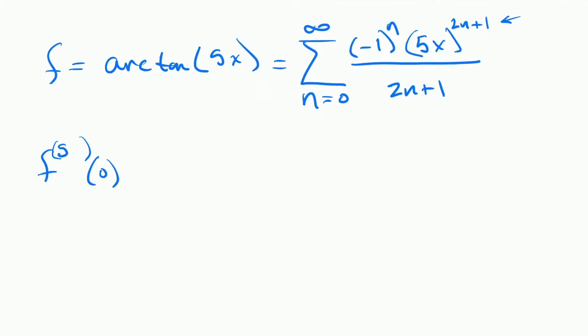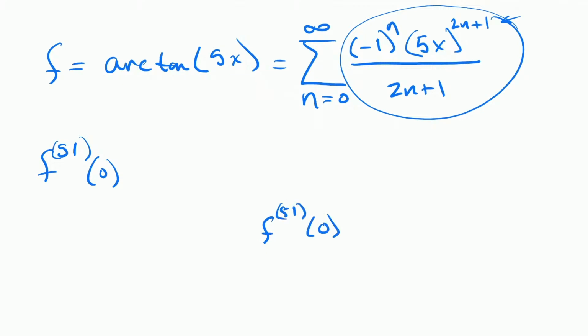We'll make it 51, just to be different than the problem there. For the 51st derivative, you would keep going through this series until you got to this point. You would find f 51 of 0 over 51 factorial, sorry about that, times x to the 51. Just a minute, let me put in the previous term.